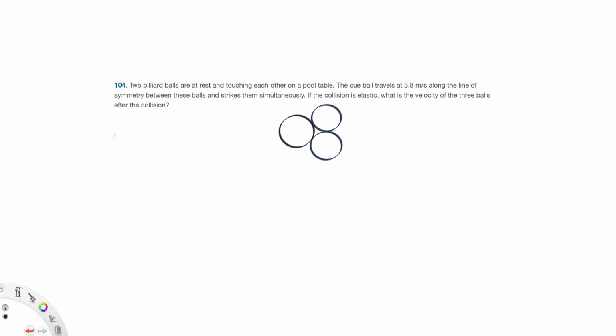We know what the initial velocity of the cue ball was. It's just 3.8 meters a second in what we'll call the x direction. So x direction is this way, y direction is this way.